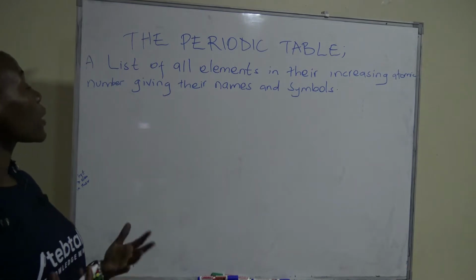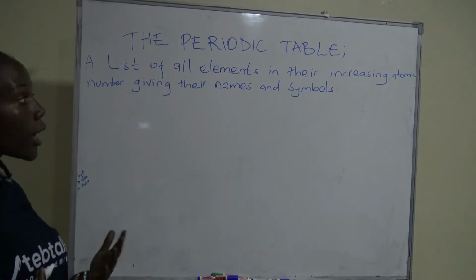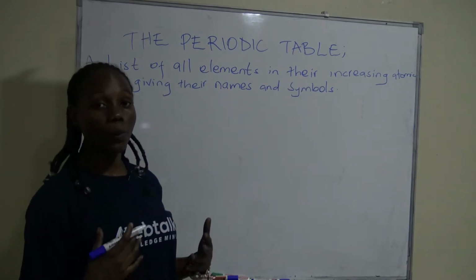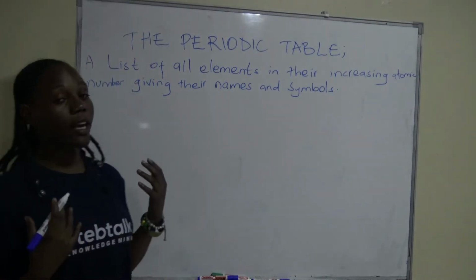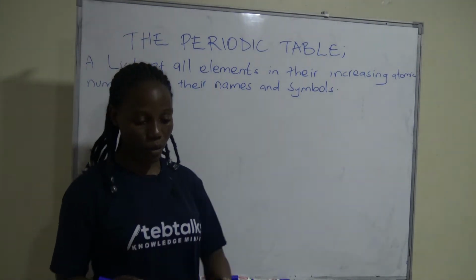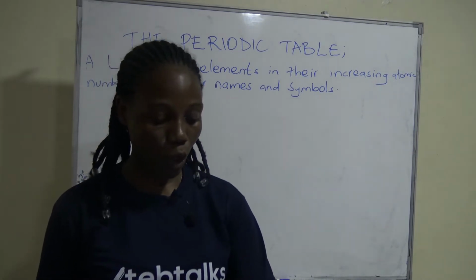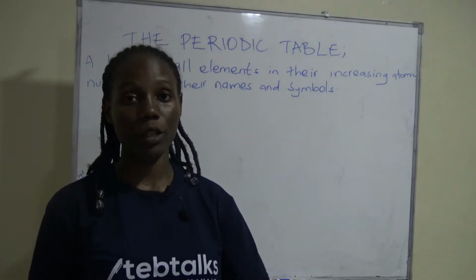The periodic table is defined as a list of all elements in their increasing atomic number, giving their names and symbols.